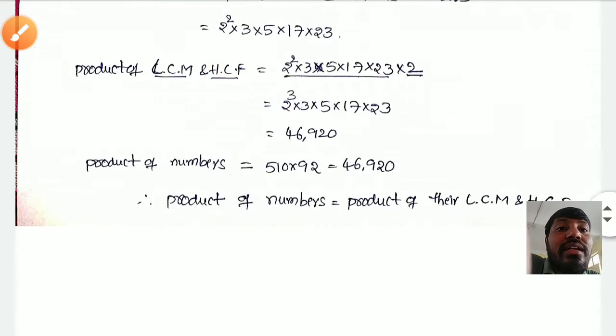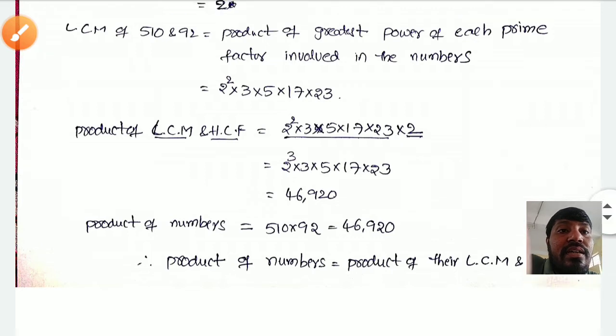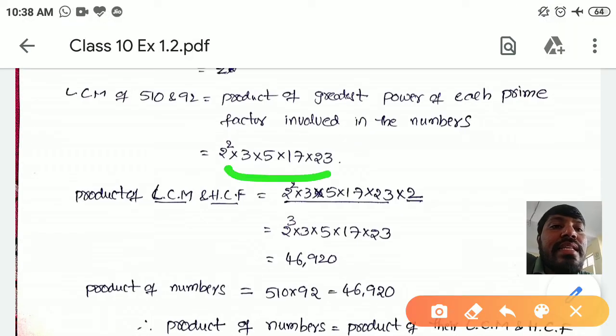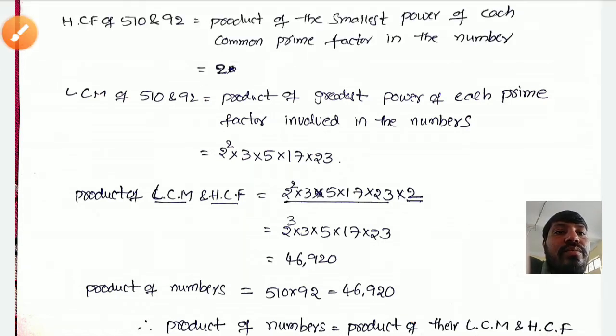And the product of LCM and HCF: this is the LCM, and the HCF is 2. If you take these two, the LCM is 2 squared into 3 into 5 into 17 into 23, and the HCF is 2. When you find the product, you get 46,920.